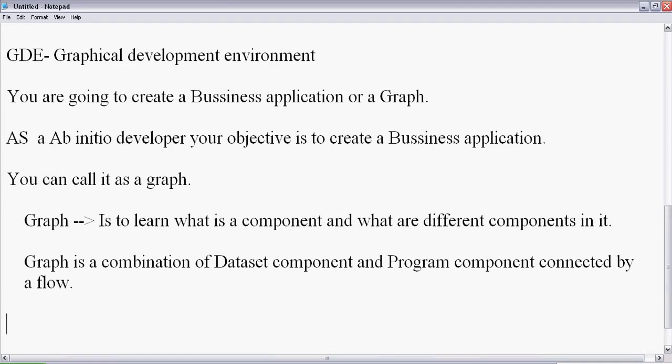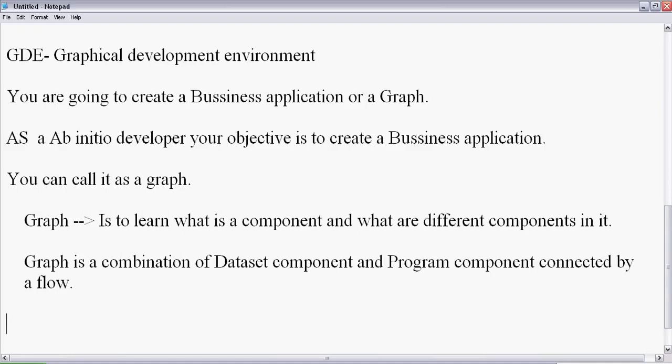So in GDE, you will create a business application or a graph. As an Ab Initio developer, your objective is to create a business application, and you can call it a graph.